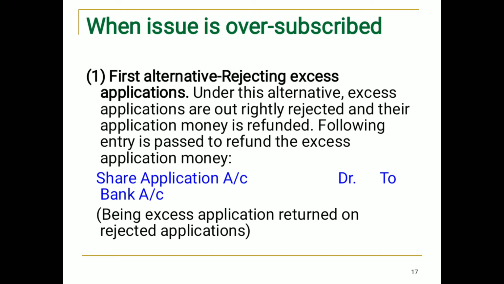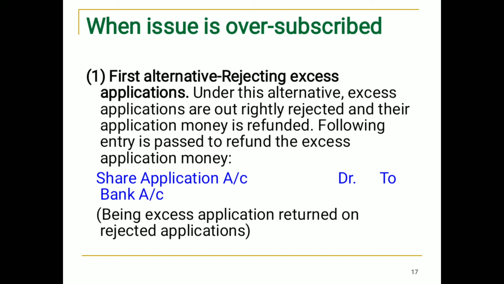I mean the company. If I say I will reject, you just have to consider that the shares are issued by me, my company. So they will be rejected by the company and the amount will be refunded. That means the amount is returned to those people. And the journal entry for returning that amount is this: share application account debit to bank account.